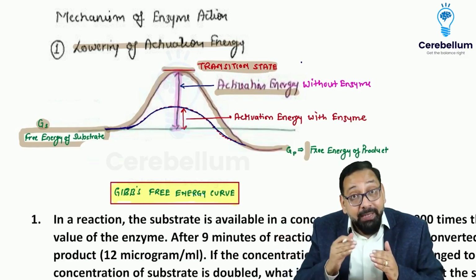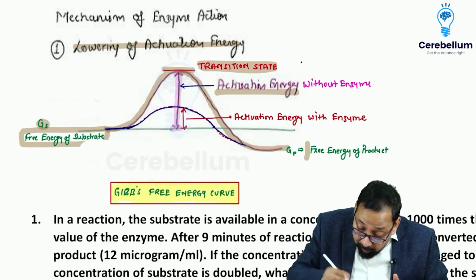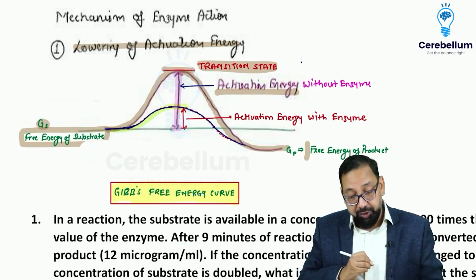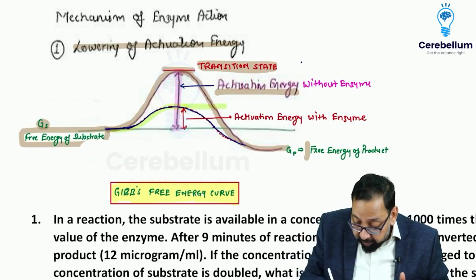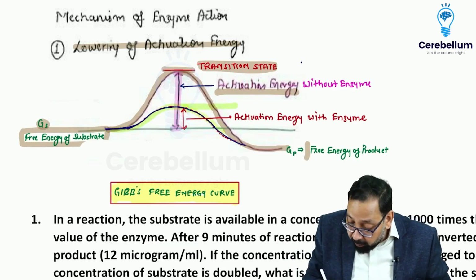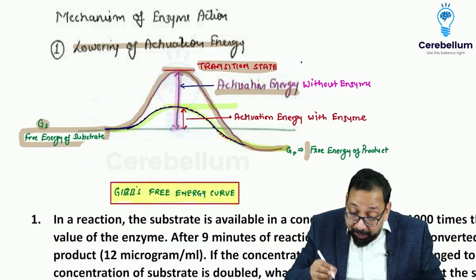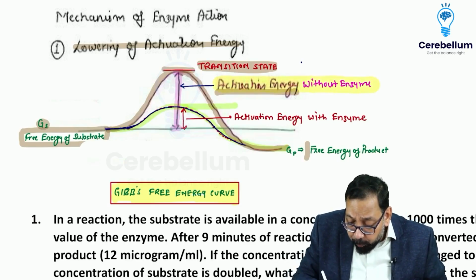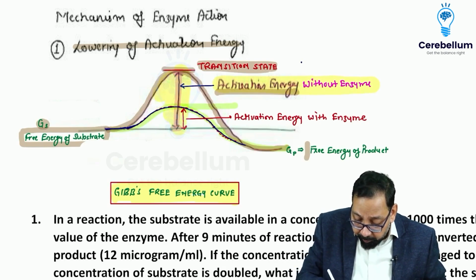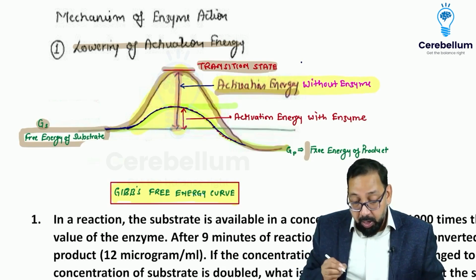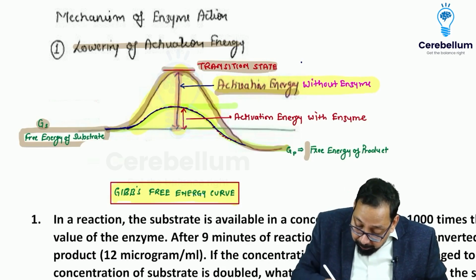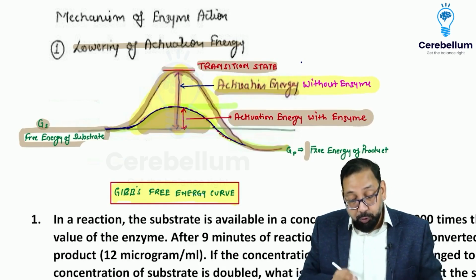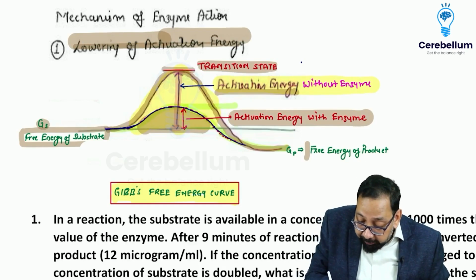You will take this substrate up to this new transition state, and then it will be converted to product. So this is the activation energy without enzyme, yellow color, and this brown color is the activation energy with enzyme. So there is lowering of activation energy.